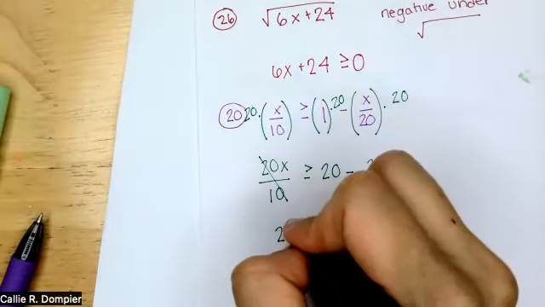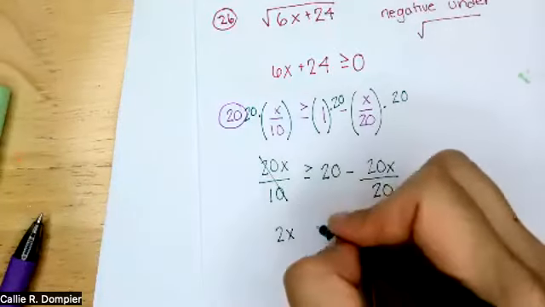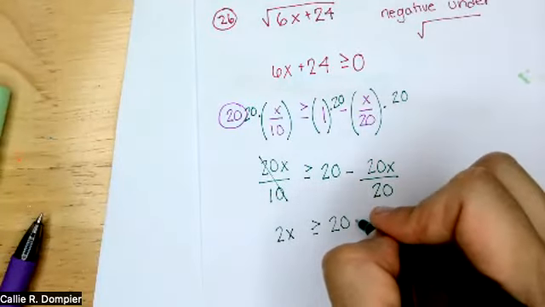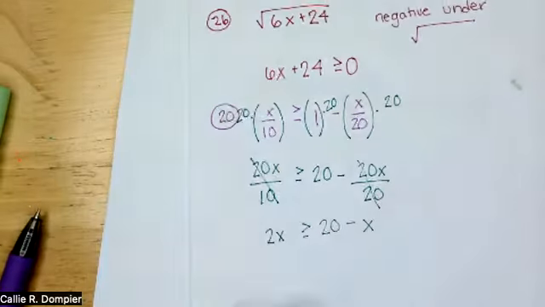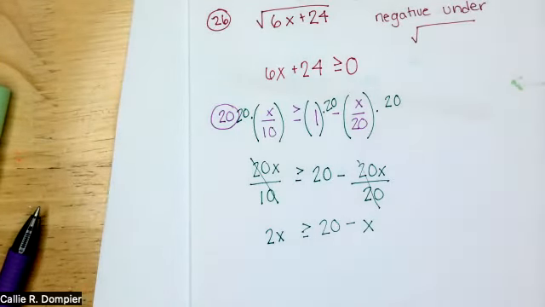That simplifies to 2x, right? Because 20 divided by 10 is 2. So that, remember, is what you do if you see a fraction.